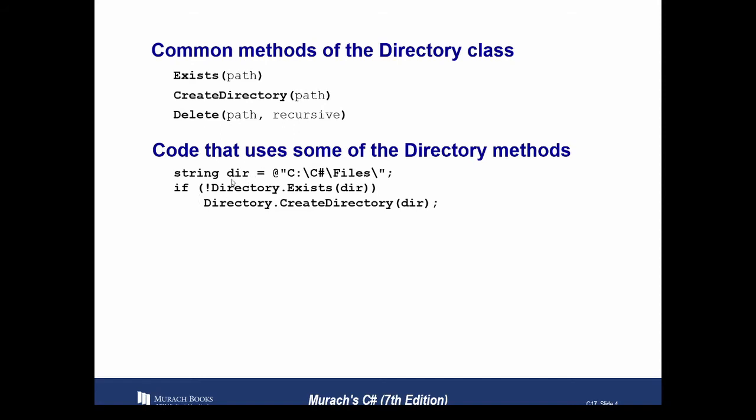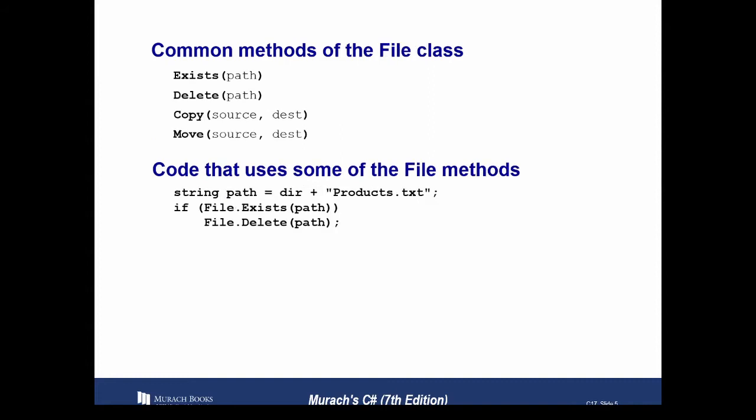Let me get the pen out. We've got this string, which is everything on the right, now assigned to directory. And then in this comparison operator in this if statement, we've got this line of code that we'll probably have a closer look at in the code.